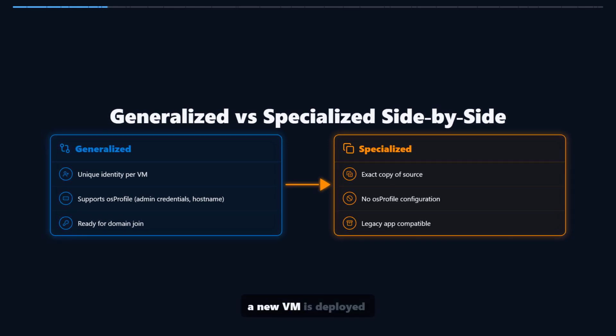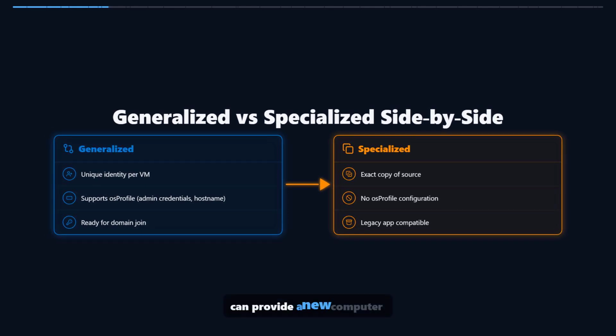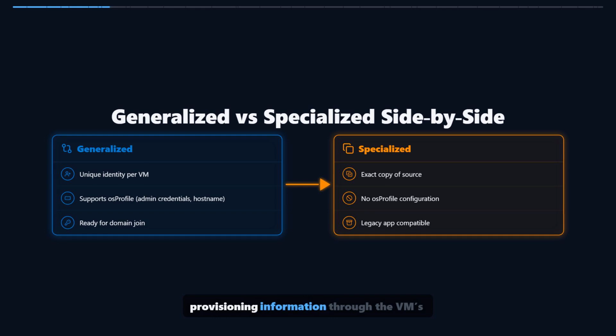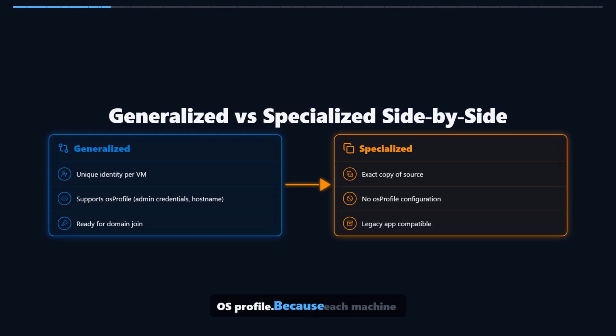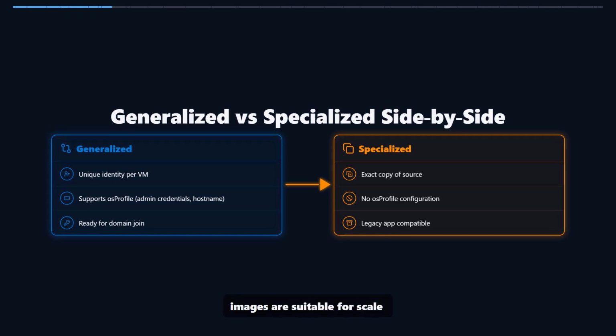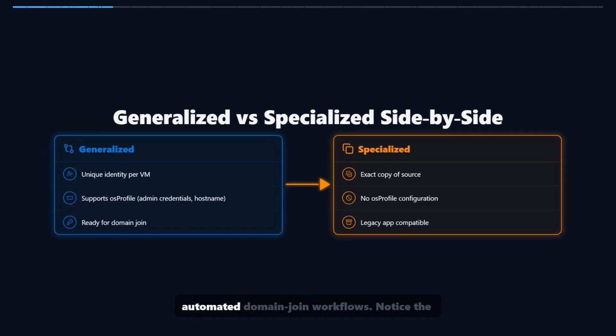When a new VM is deployed from a generalized image, Azure can provide a new computer name, administrator configuration, and operating system provisioning information through the VM's OS profile. Because each machine receives its own identity, generalized images are suitable for scale sets, repeatable server deployments, and automated domain join workflows.